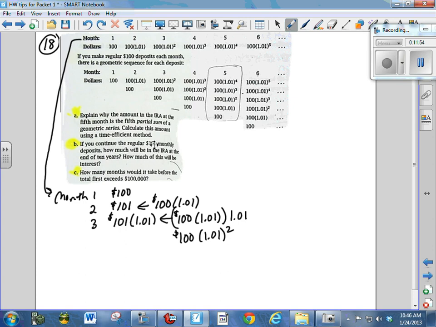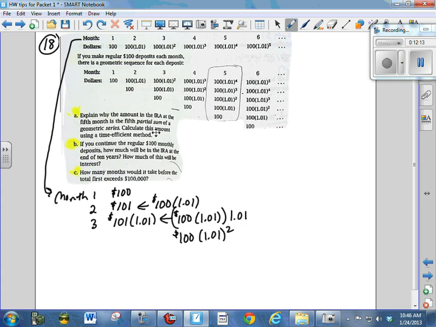If I continue the regular 100 monthly deposit, so I'm still talking about the second example, how much will be in the IRA at the end of 10 years? Well, how many months are in 10 years? Do the same pattern. How many months would it take before the total first exceeds 100,000? Okay.